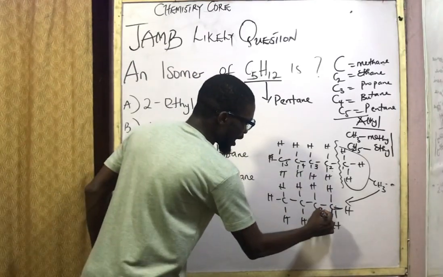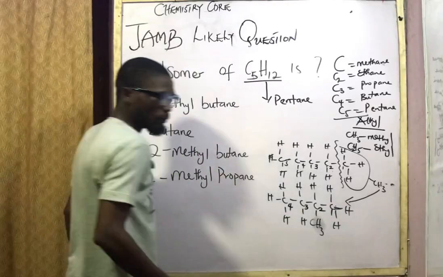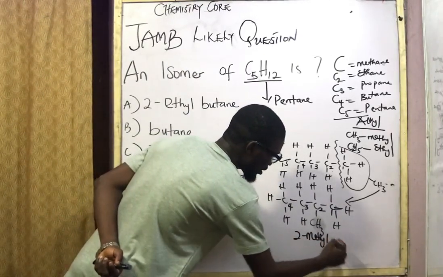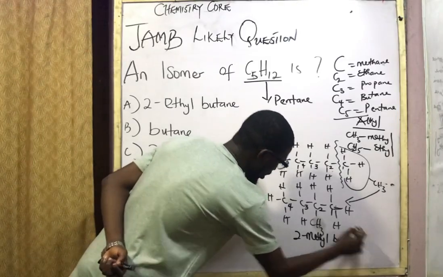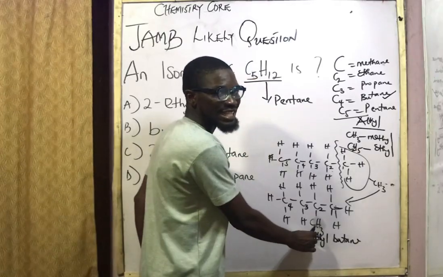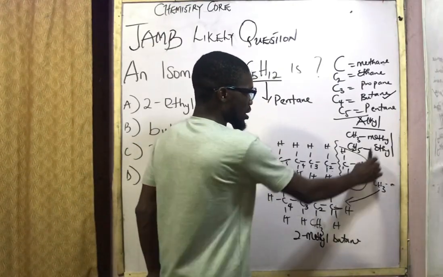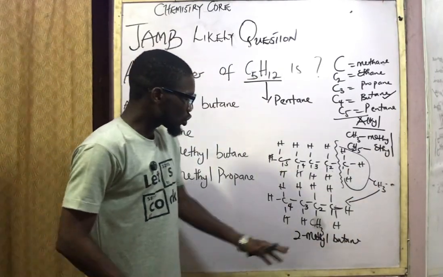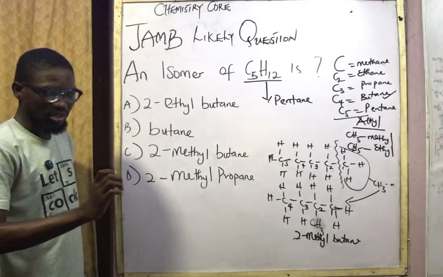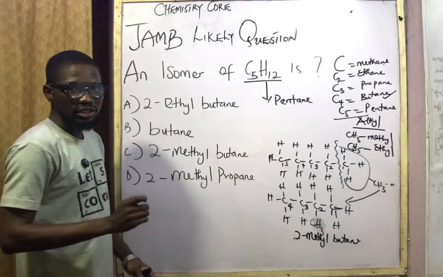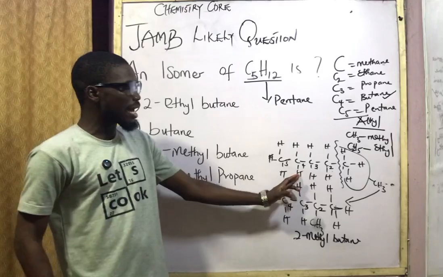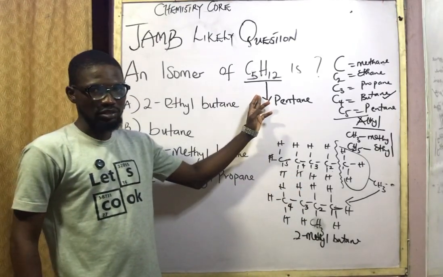So with this now, let's name this compound. I have 1, 2, 3, 4. So this will give us 2-methyl butane, because 4 carbon atoms is butane, and the CH3 here, which is the attached substituent, is methyl. So that is why we have 2-methyl butane. Now, among the options, you have 2-ethyl butane. It is not possible to have 2-ethyl butane under pentane, which is the isomer given.